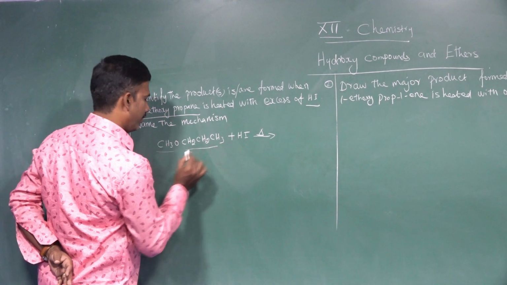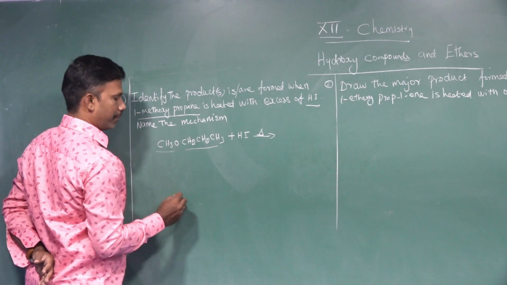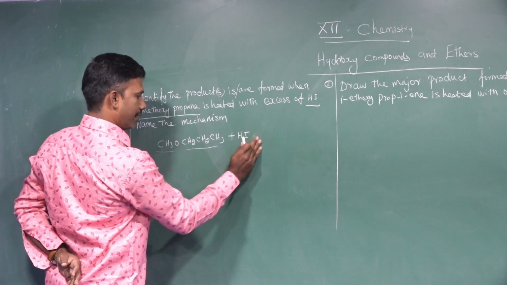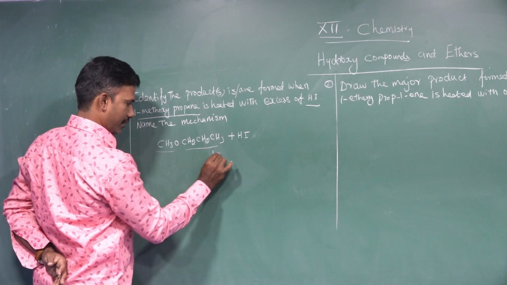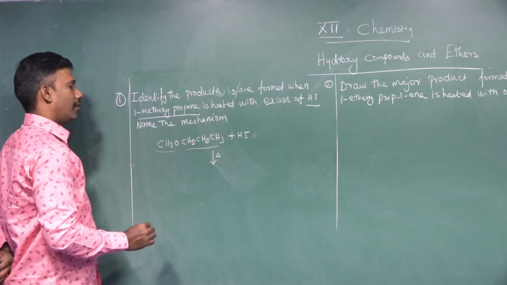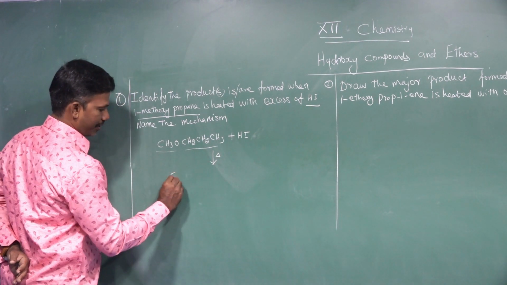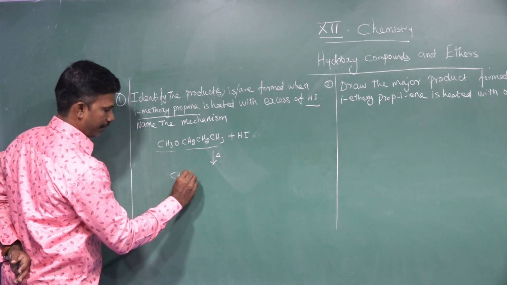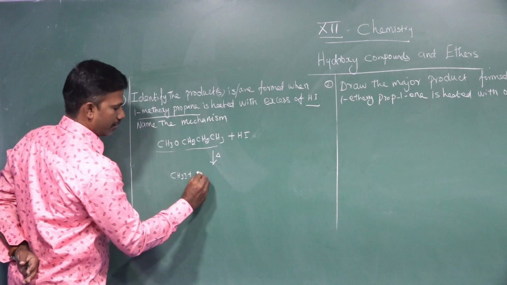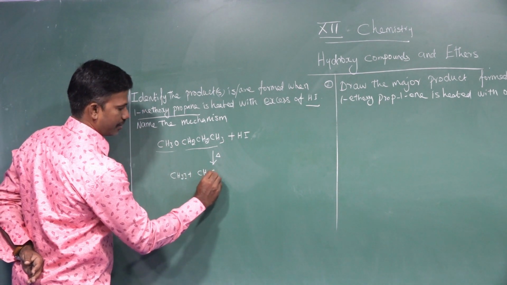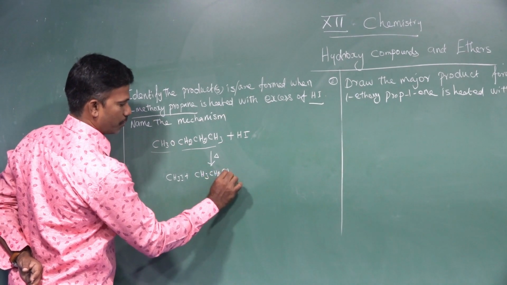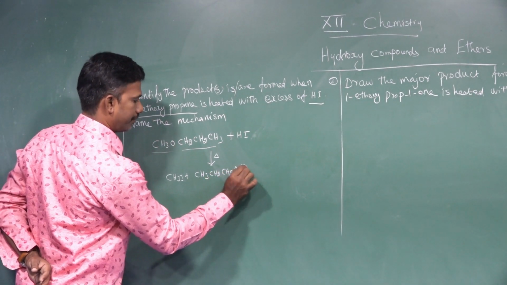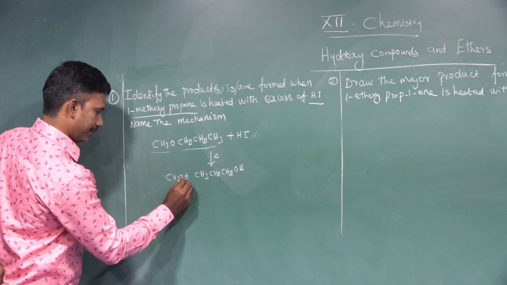As you know very well, whenever treated with HI, the iodine goes with the smaller group. For convenience, I am writing the equation downward. You get CH3I as a product plus CH3CH2CH2OH, propanol. This is the first product.